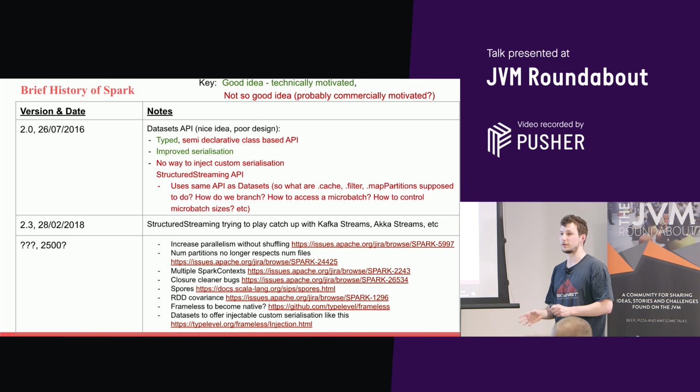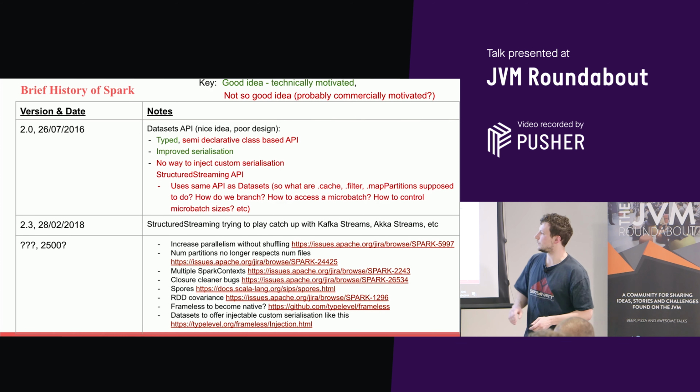It's not an easy problem to solve. It's not entirely Spark's fault or Scala's fault. And you still have bugs in the closure cleaner. So the closure cleaner is the thing that's supposed to try and not serialize things you don't need, but it's not perfect. So be wary of that.